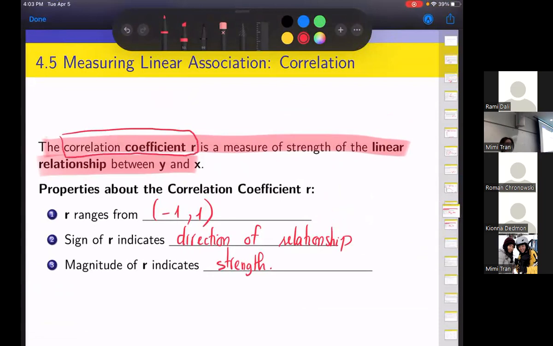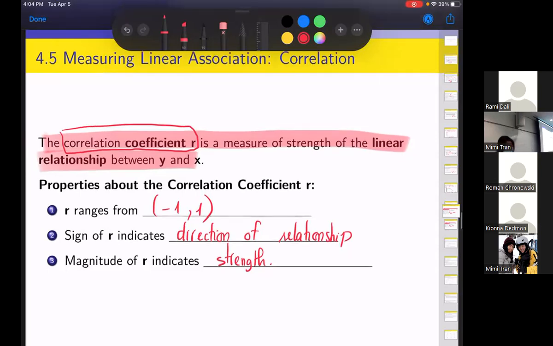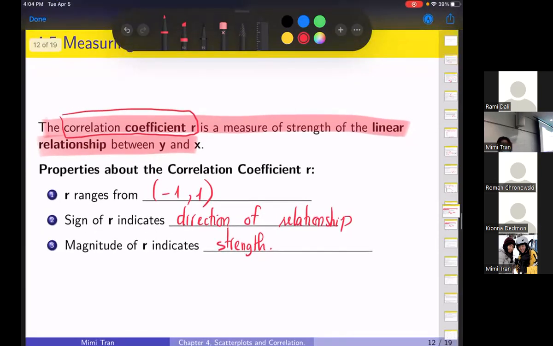If it's close to -1, it's negatively strong. If it's close to +1, then it's positively strong. But if it's near 0, then it's weak. Instead of having a steep slope, your slope is kind of flat, no slope.